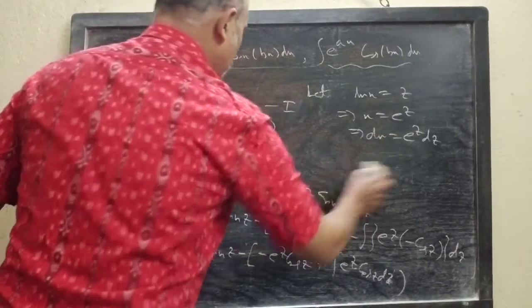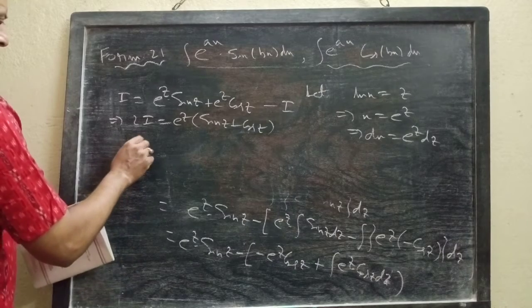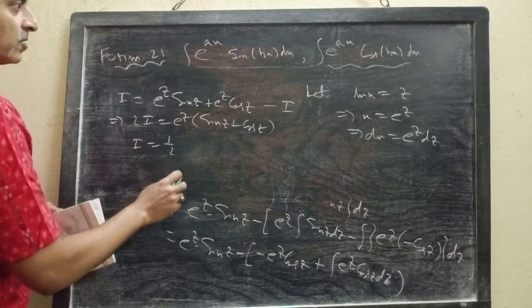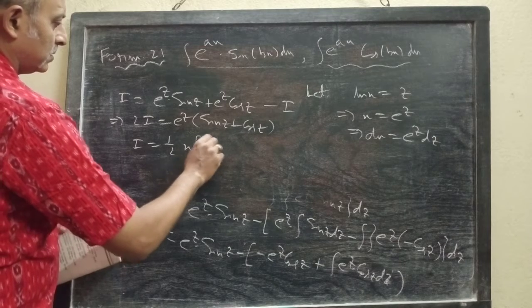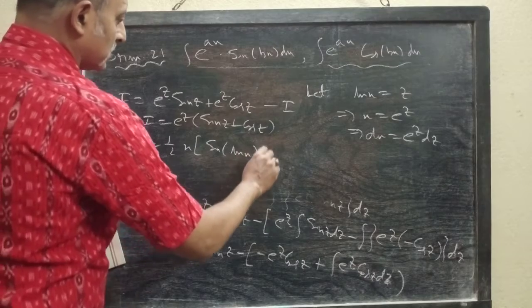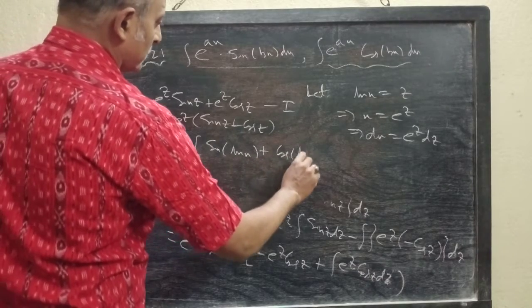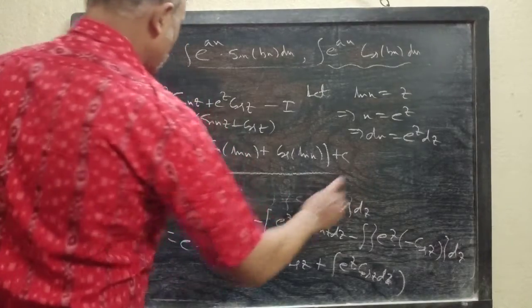So therefore finally I will be half e to the power z, which is x, sin of z is ln x plus cos of ln x plus c. This is your final answer.